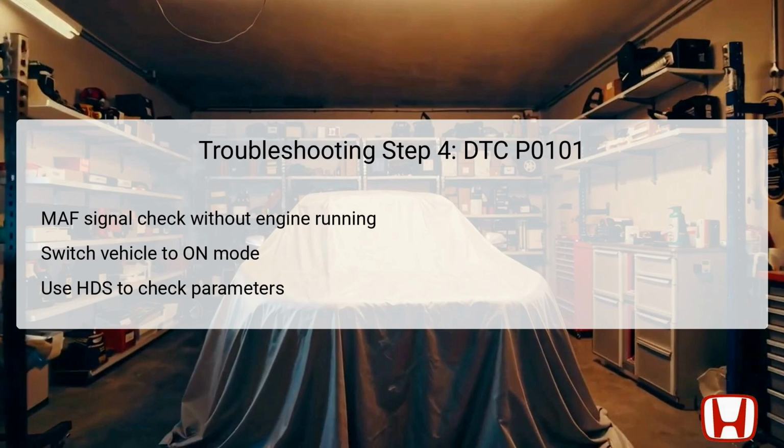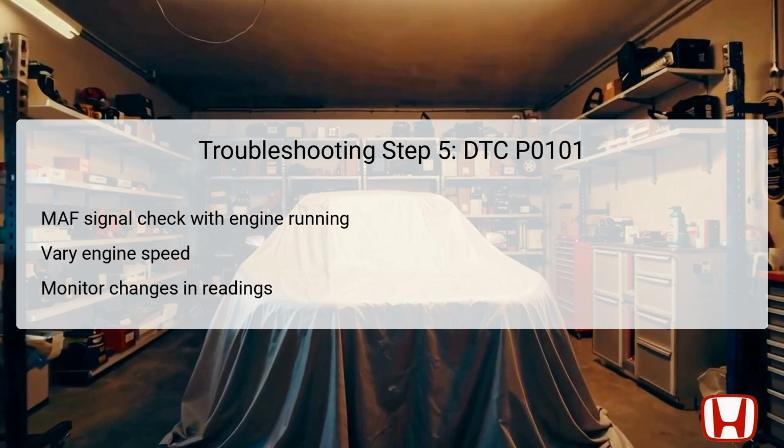Pay close attention to the signal value, which should read over 0.5 grams per second, g/s. If the MAF sensor's output matches this threshold under these conditions, you can proceed to the next troubleshooting step. However, if it does not meet the threshold, replacing the MAF sensor or the IAT sensor may be warranted.